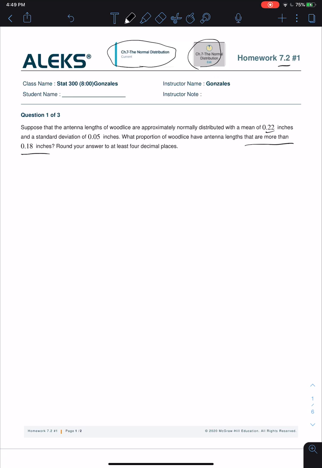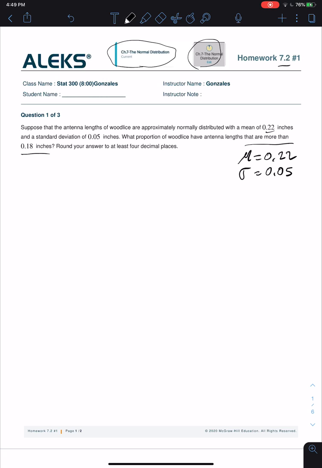Round your answers to at least 4 decimal places. I think what I want to do here is collect some information. The mean antenna length for these woodlice is 0.22 inches with a standard deviation of 0.05 inches.